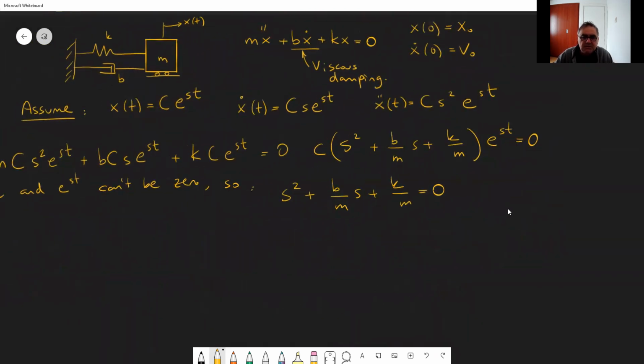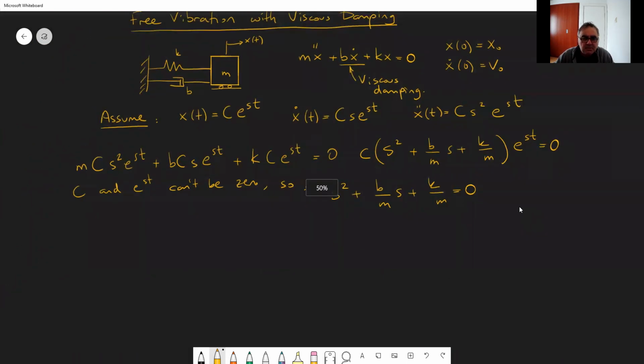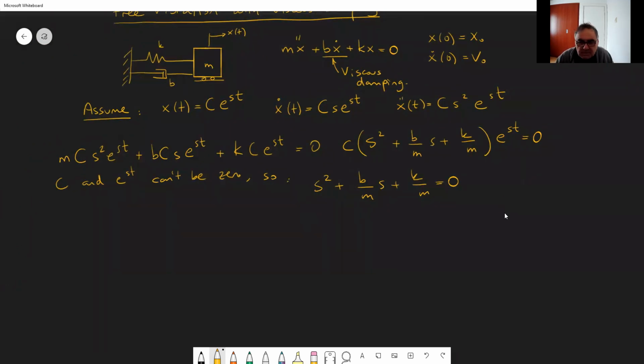And this equation is actually called, as you can guess, the characteristic equation, whose roots we will find. Solutions of this equation for s, s1, 2.